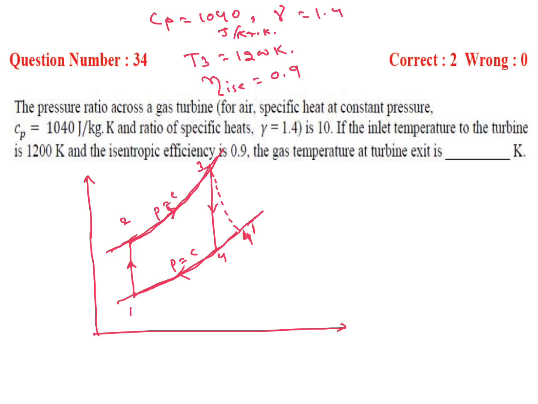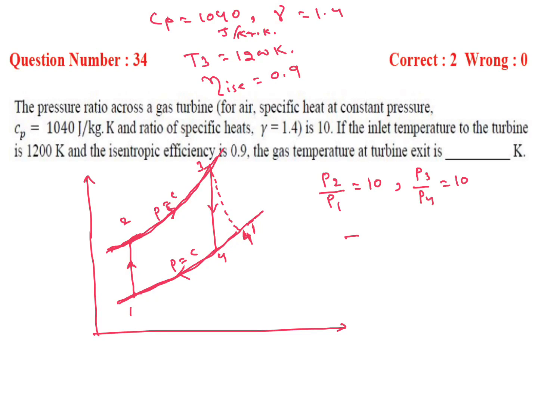We already discussed in my previous video and in ISRO videos pressure ratio, which is pressure P1 and here P2. P2 and P3 are both the same. P2 by P1, this is the ratio, it's 10, or P3 by P4, it's 10.